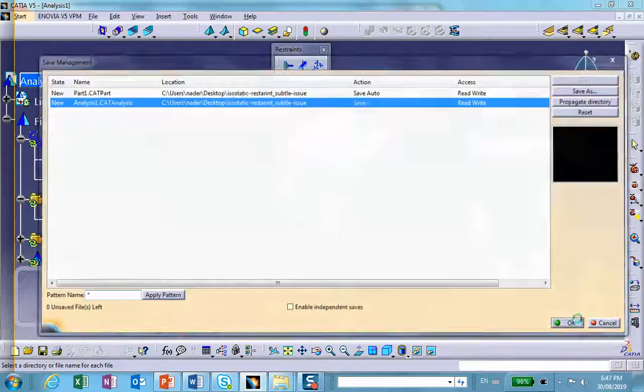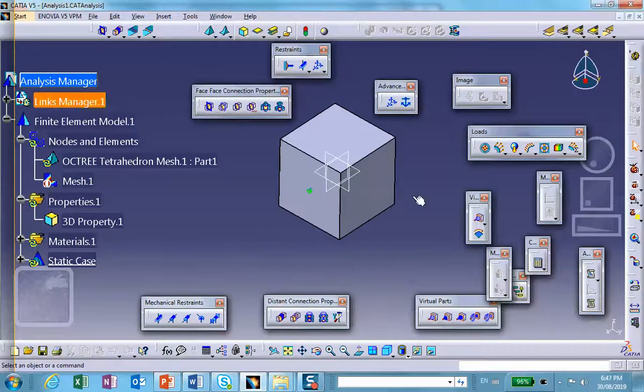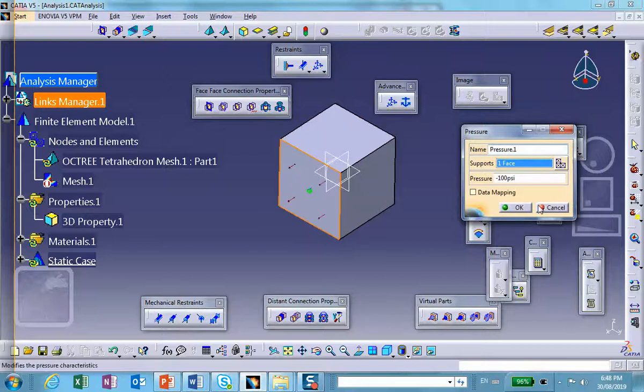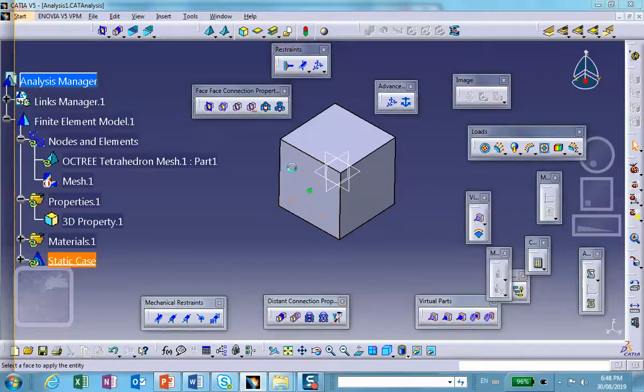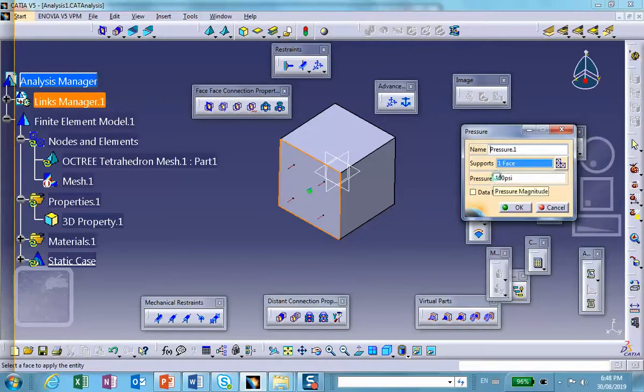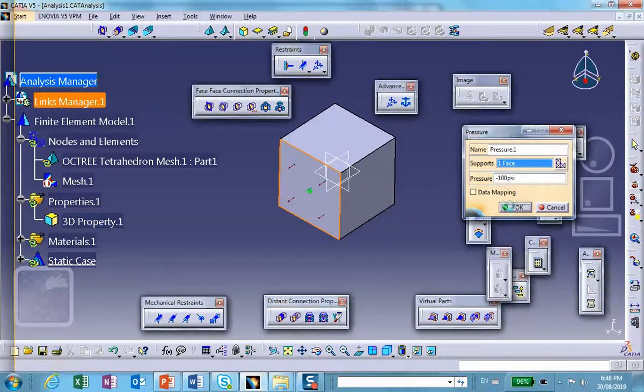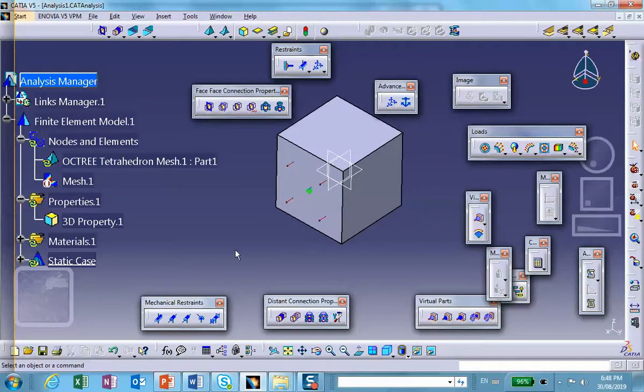All right. So what I'm going to do is apply a pressure on that face of, let's say, 100 psi. Tensile, so minus 100. Very good. Now, if I run the problem at this point, obviously this is going to bomb out because we don't have any restraint. Think about it as a physical problem: this is going to accelerate.